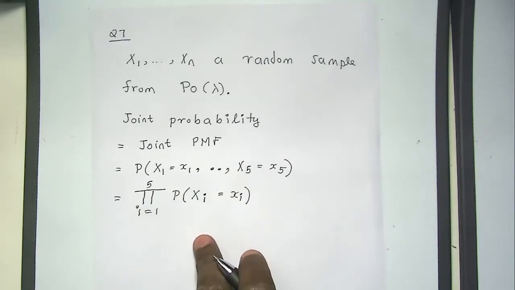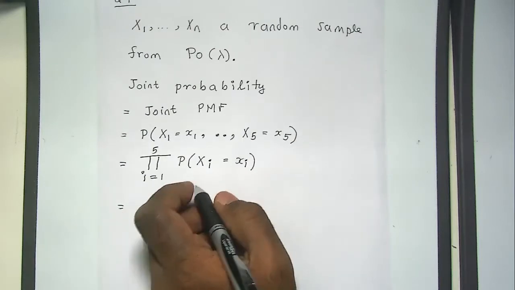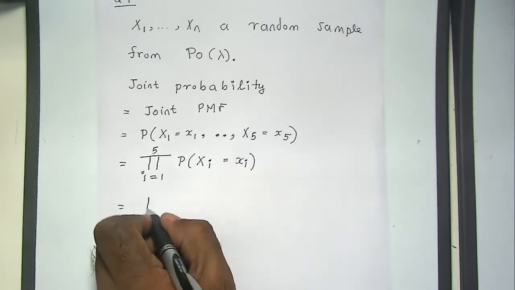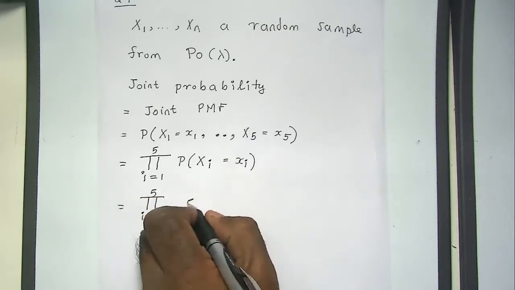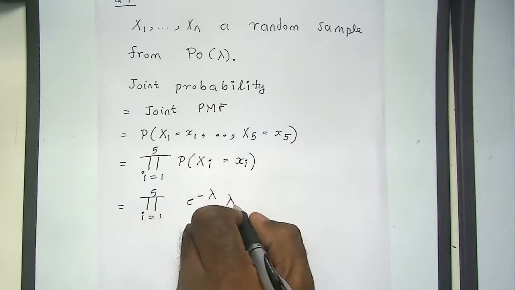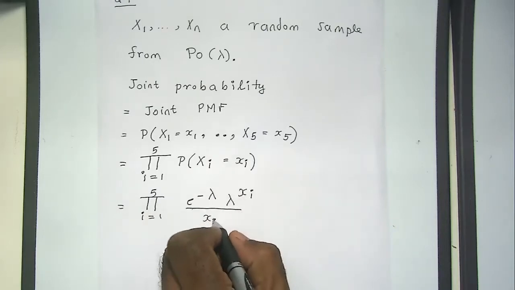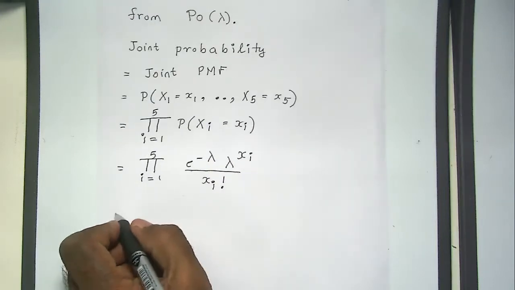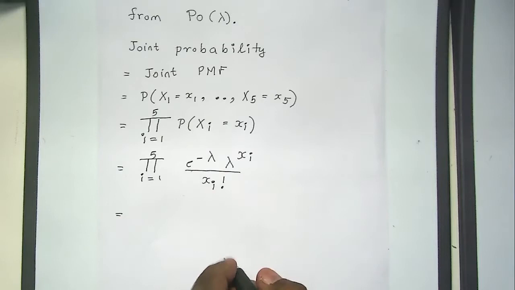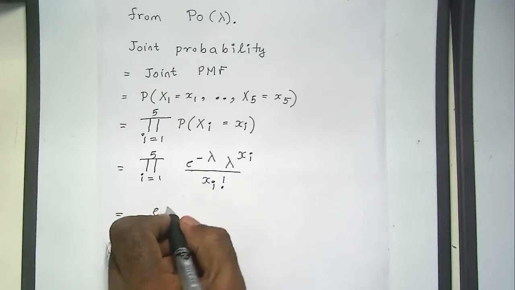That's using independence. And because xi has the Poisson distribution, you can write it like this. Now you're going to take the product of this. This is where your math comes in. As I said before, many people get this wrong.